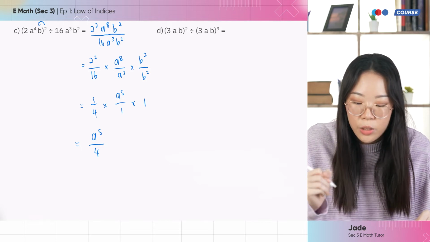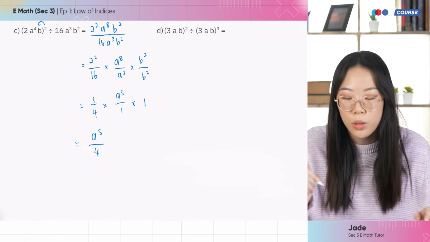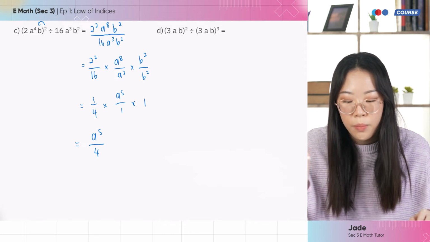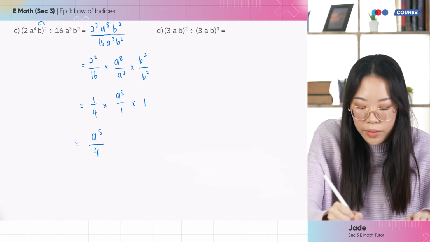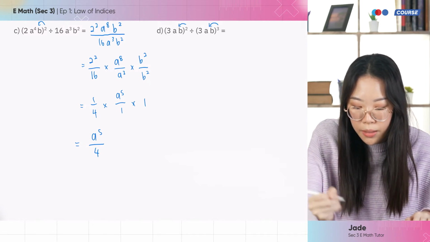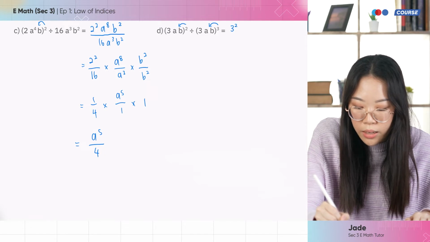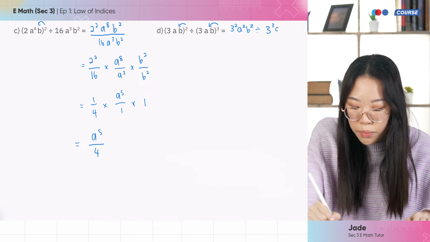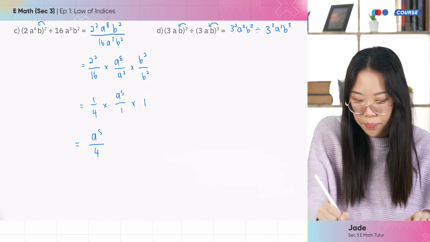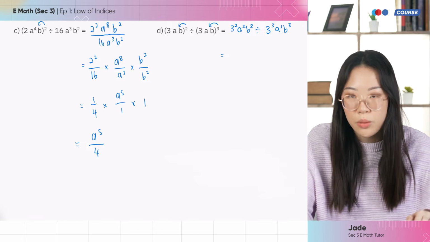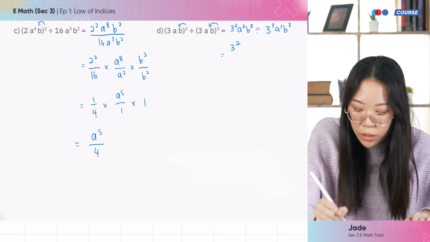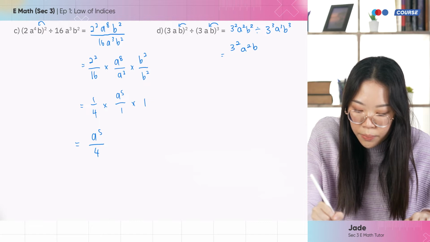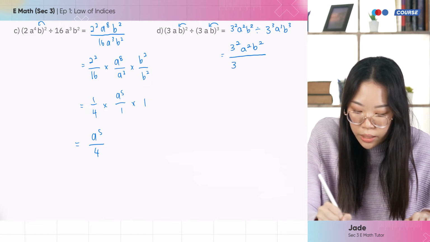So here we have 3ab whole thing bracket to the power of 2 divided by 3ab bracket to the power of 3. What we want to do is to expand the powers. So we will have 3 squared, a squared, b squared divided by 3 cubed, a cubed, and b cubed. Next, we can convert this into a fraction. Next, we can group the common variables together.